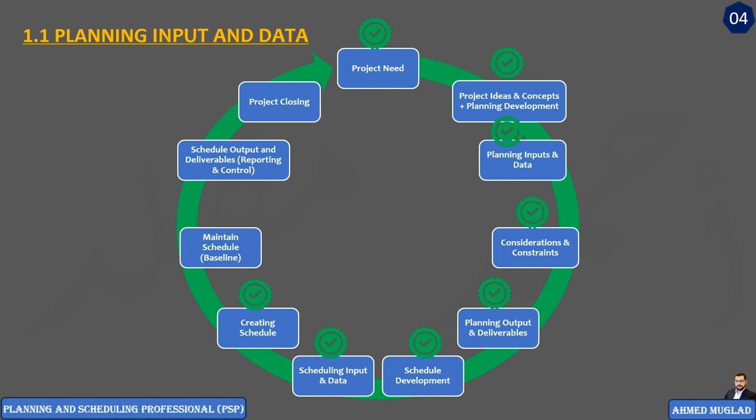And the approved project schedule will be the project baseline, which will be used for project control purposes and reporting as well. At the end, we close the project, and these efforts become lessons learned, saved in the organization database in order to be used later for new projects.